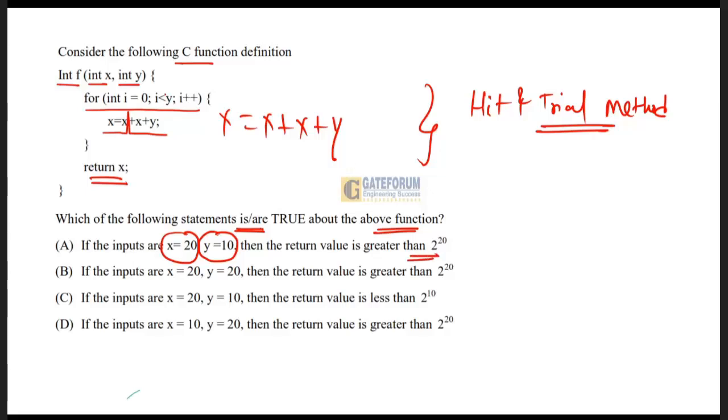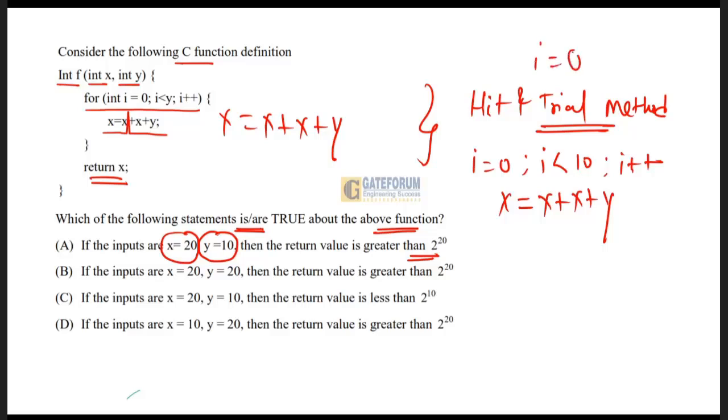So if I put x equal to 20 and y equal to 10, my for loop will work like this: i equal to 0 till i is less than 10 and i plus plus. After each iteration, I need to evaluate x equal to x plus y.